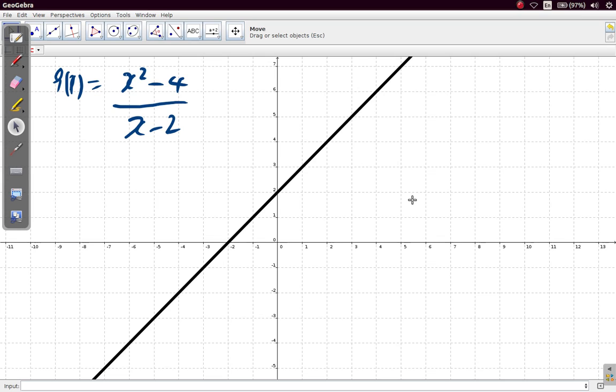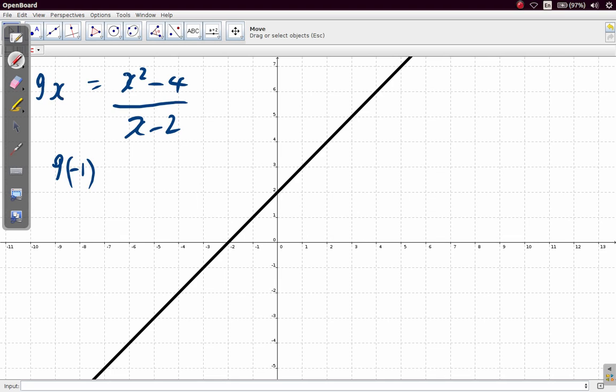Now, is there any point on the graph where there's a discontinuity? Let's see. First of all, if you take x equal negative 1, let's find g of negative 1. And by the way, let me rewrite this g of x here to make it clearer.